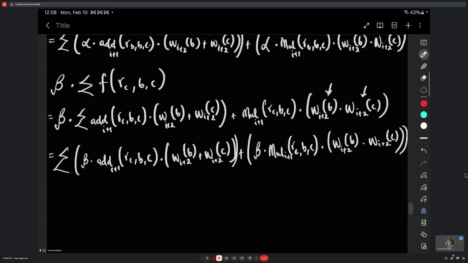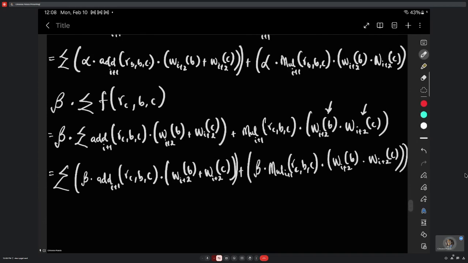So is it possible for the verifier to do his own work by himself with the random challenges, any calculation he wants to do with add I, mul I, with alpha and beta, and then he just waits on the prover to send W(I plus 2) of b and W(I plus 2) of c? Those are the only things that the verifier will require from the prover, and he does not trust it. So that is what we're trying to get at.